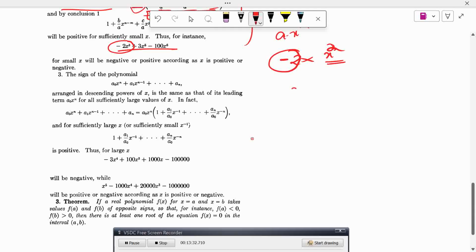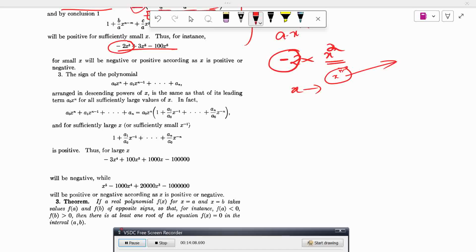When x is very small, if we arrange the polynomial in increasing order, the lowest term containing x power will determine the sign of the polynomial, right?